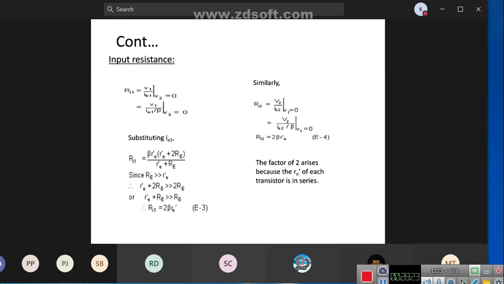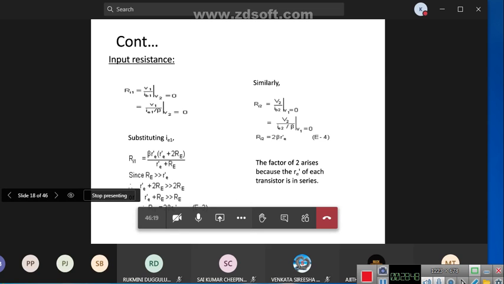So for the second stage the input resistance is RI2 equal to 2 beta RE dash. So RI1 equal to RI2. Why does the factor of two come into picture? The factor of two arises because the RE dash of each transistor is in series, right?